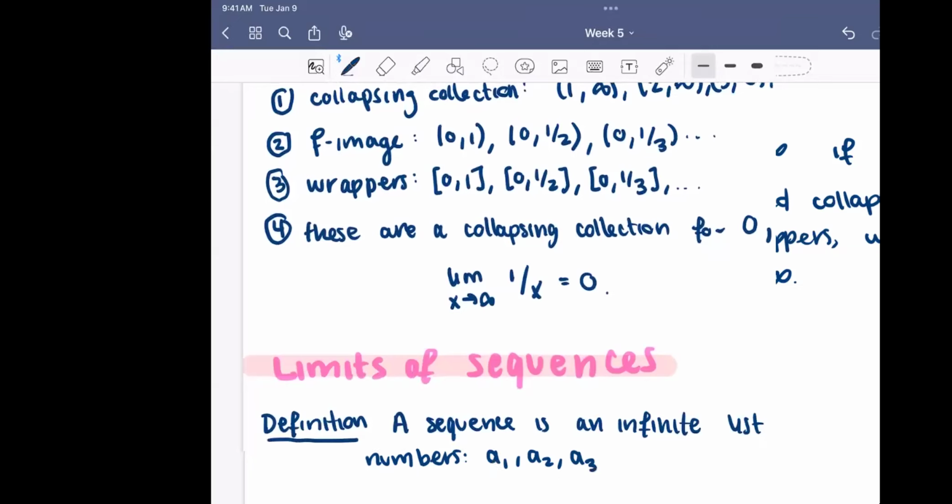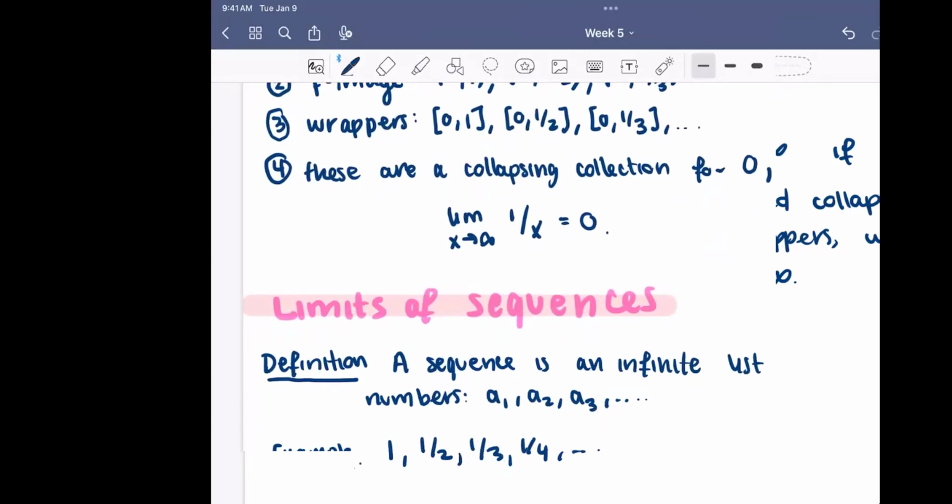One way that you could write this is by giving a formula for what the kth term would look like. You could specify the sequence as A sub k, so the kth term in the list is given by the formula 1 over k.